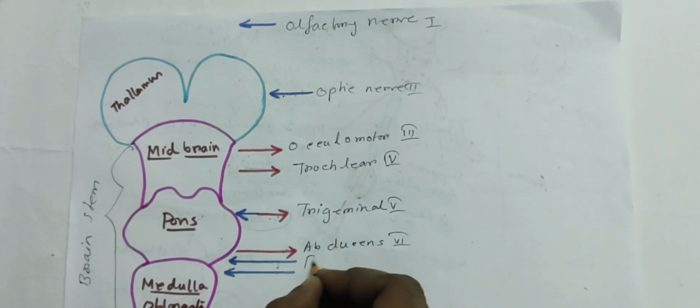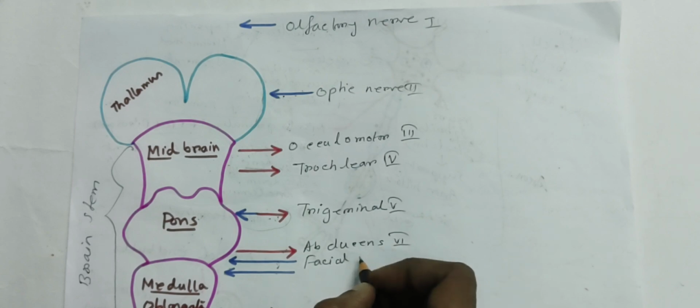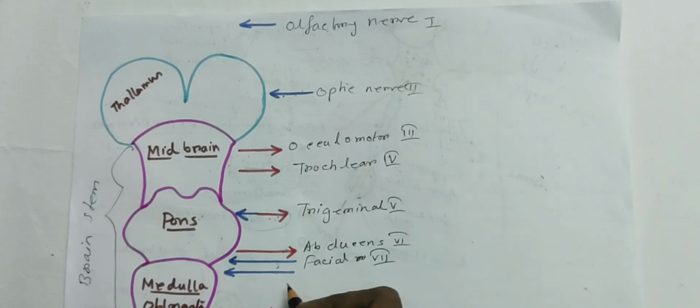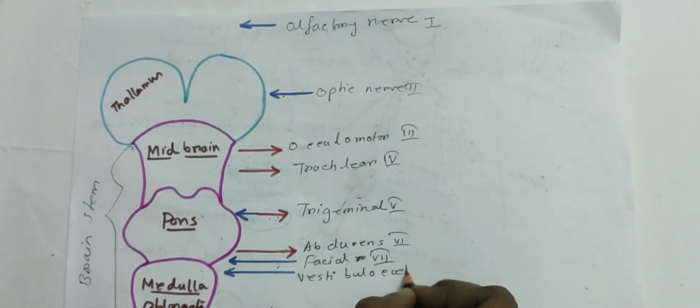Next, facial nerve, seven, and vestibulocochlear, that is eighth. Cochlear.